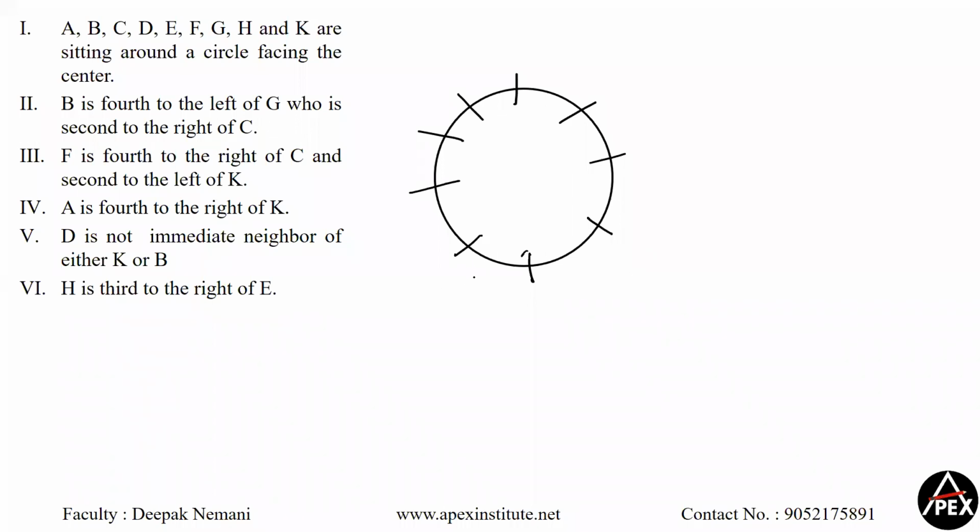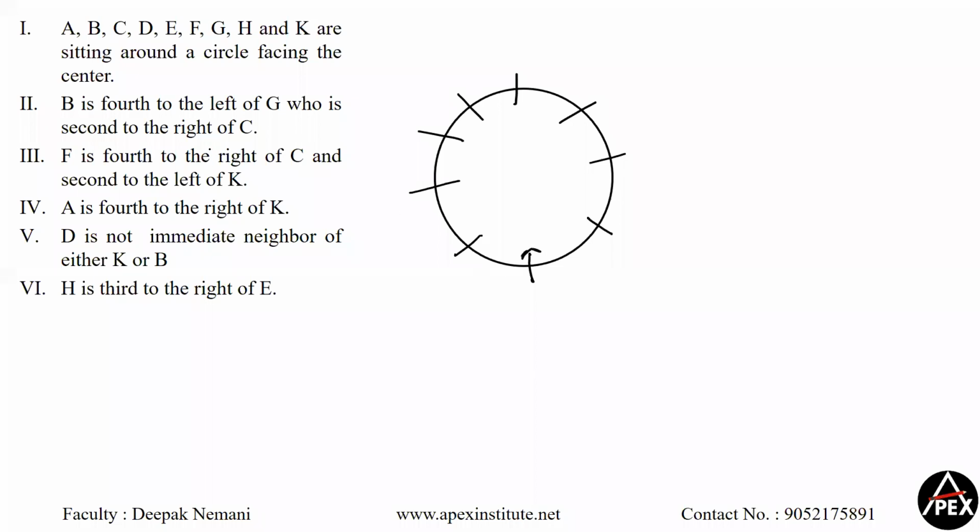Now which statement should I consider first? The beauty of circular arrangements is, for example, if I consider statement 2, we can start with any statement. You can start with any statement and you can start with any place.